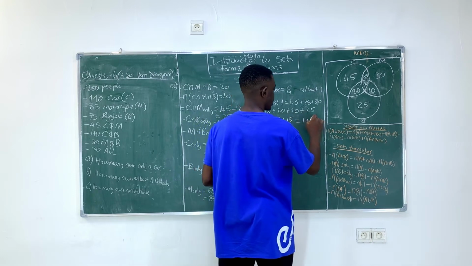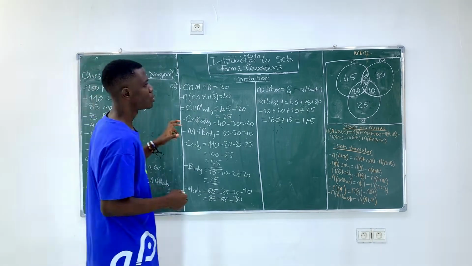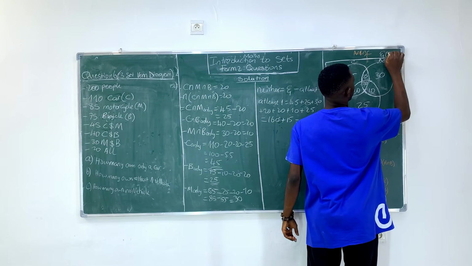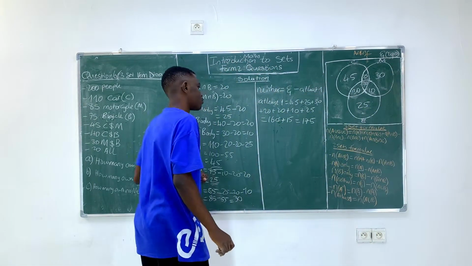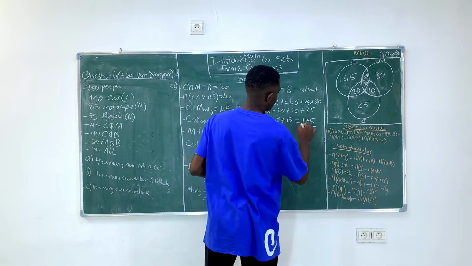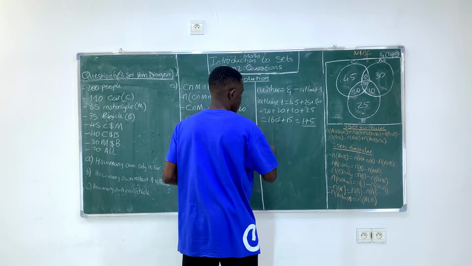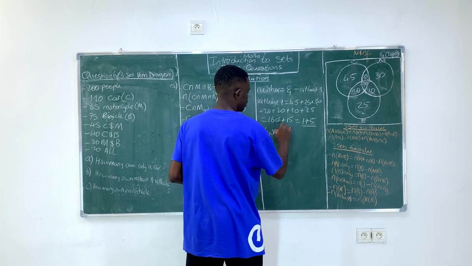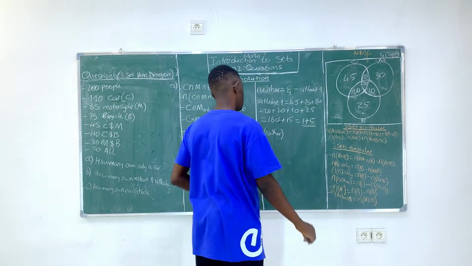So that is 175. What was our sample space? 200. So our universal set is 200. So always put it there. At least one is 175, which means the number of people that have none of them is what?